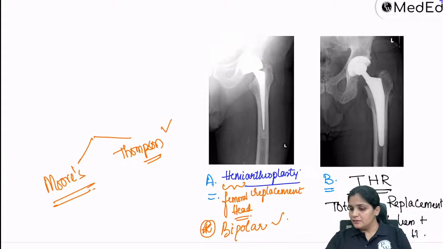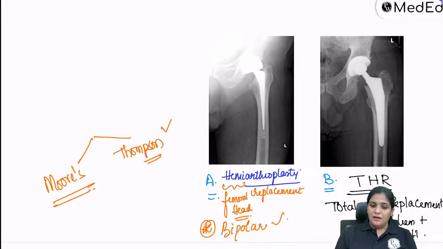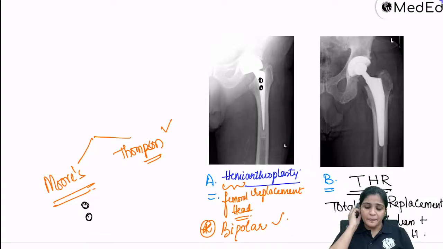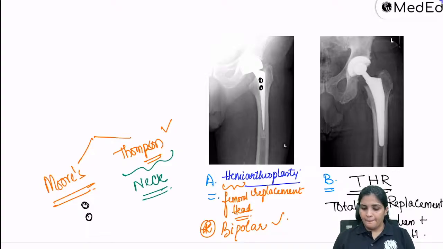Yeah, Moore's, there will be two holes. Sometimes these holes cannot be seen on the X-ray, but Thompson's you can identify on the X-ray. You will have an extra neck. So Thompson's will be like this.